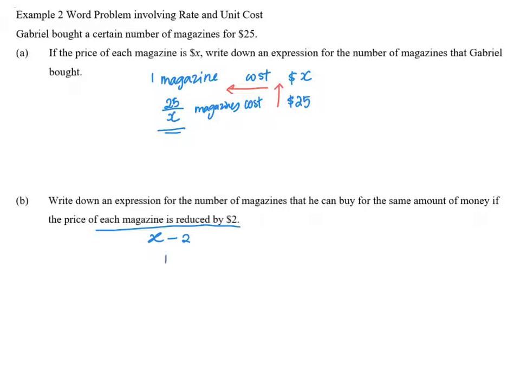So originally one magazine, now changes to a new price of X minus $2. And if I still have $25, I'm going to buy 25 over X minus 2 times 1 number of magazines. So this will be the number of magazines.